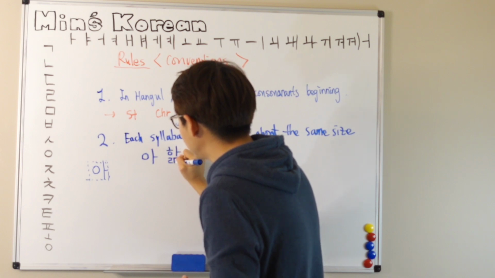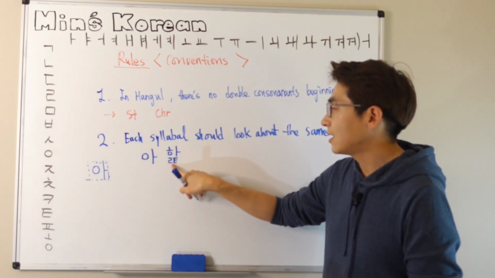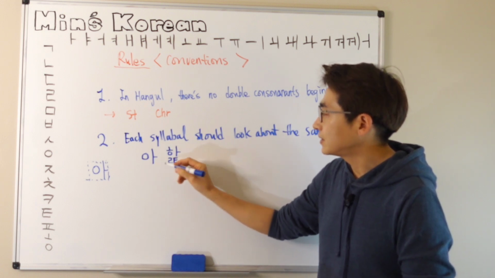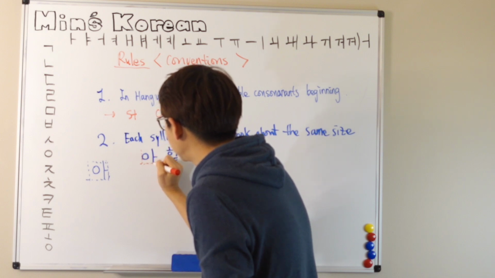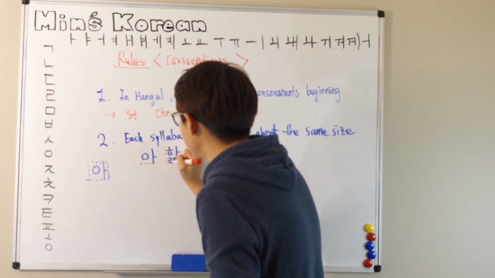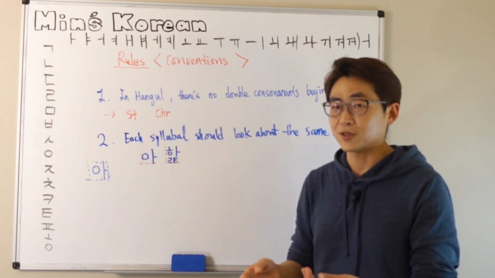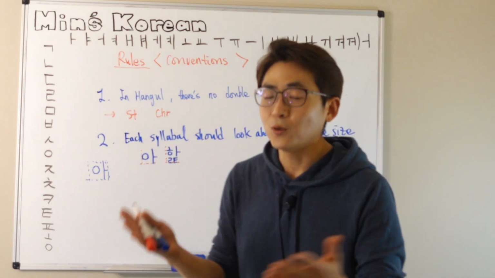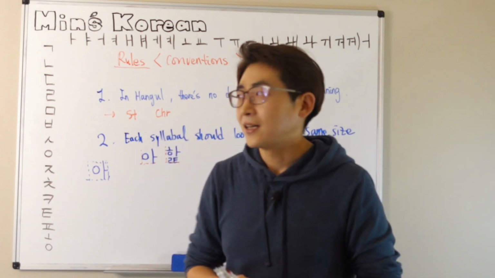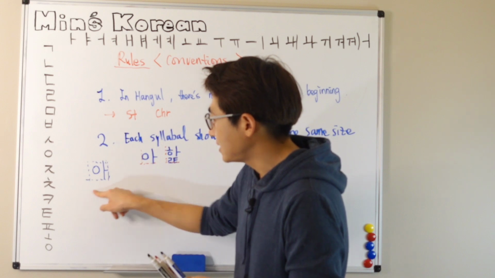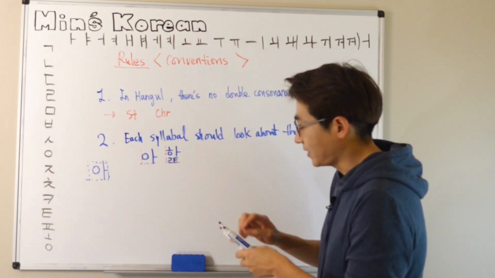So there are certain combinations that you have to follow. So it's har, har, but they are roughly about the same size. And this is super important because in the old days, all Korean letters, Hangul, had to be written in these little square spaces.